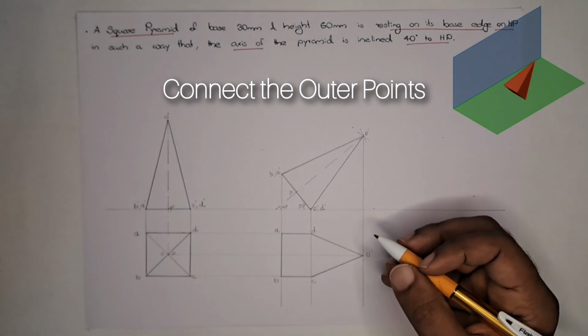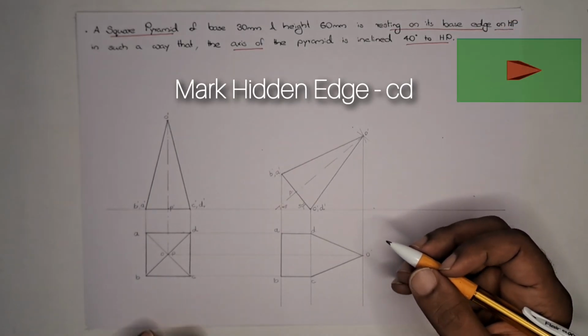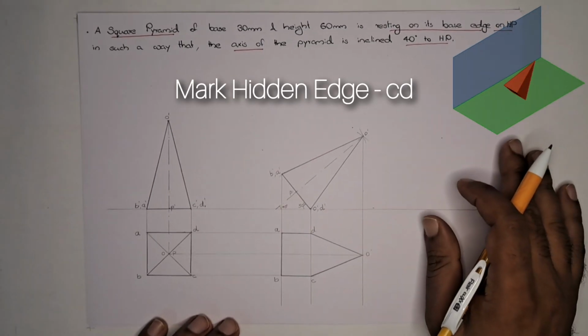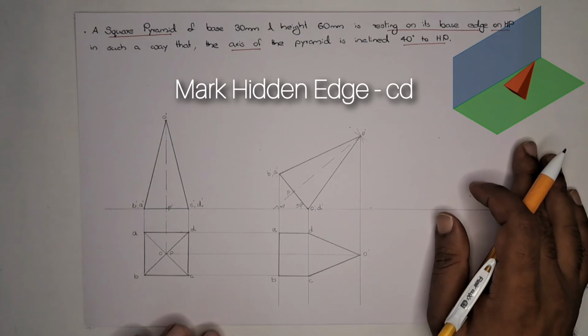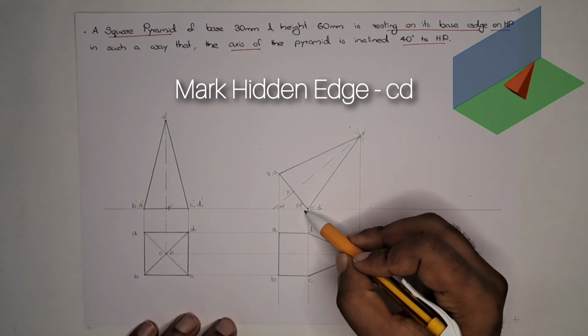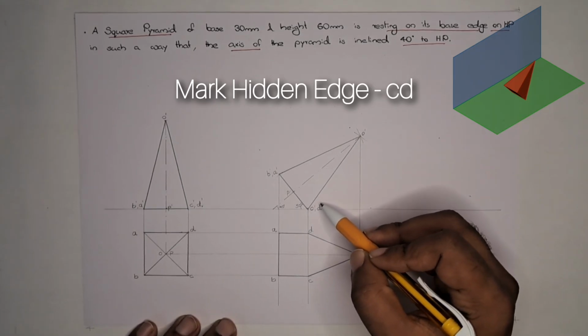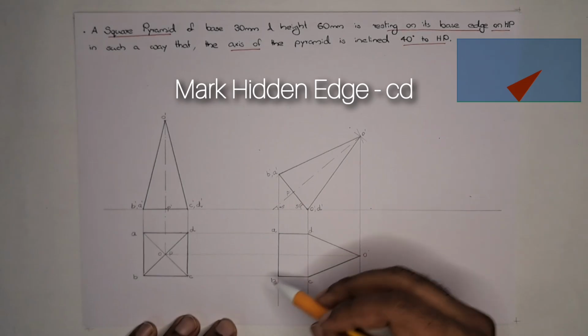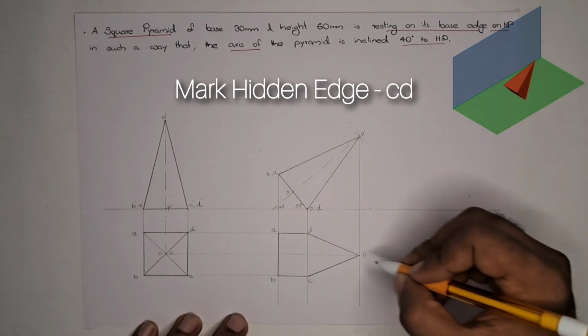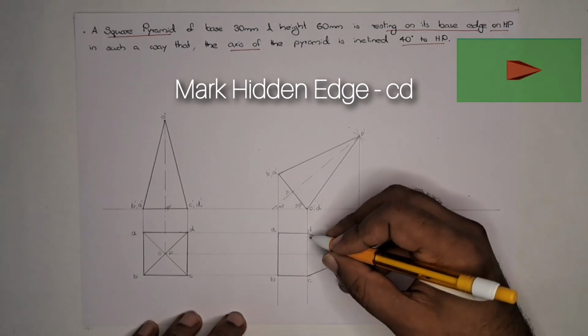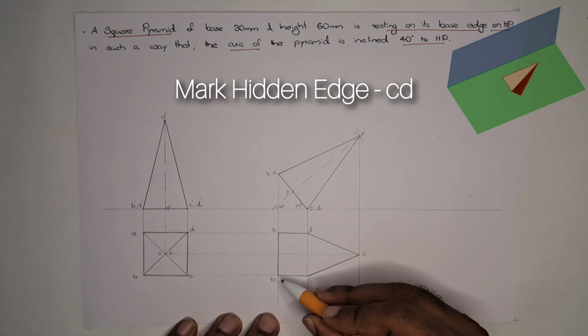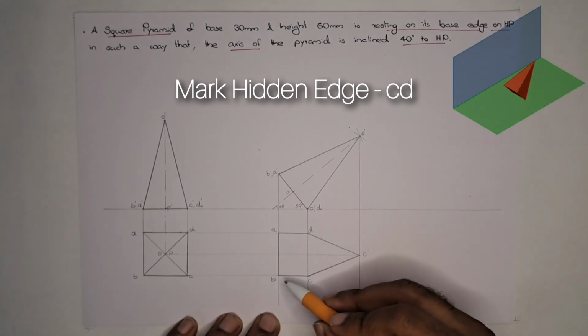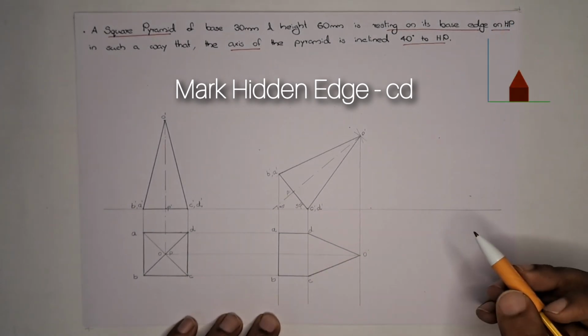Now we need to connect the hidden edges. Here the corners touching the XY line are C and D. So there will be three lines from C and three lines from D. The first one is C dash D dash C B, but it comes under the outer line, so we don't need to mark the hidden.